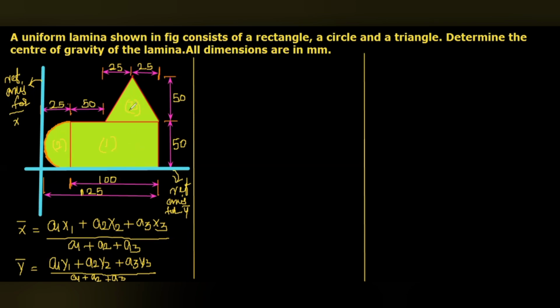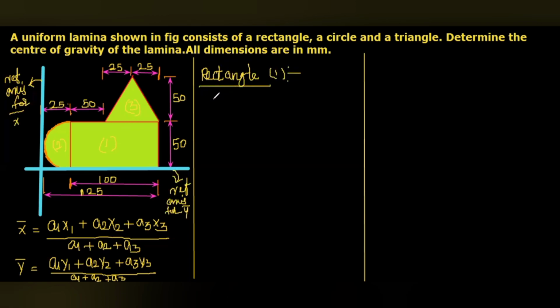Okay. So first, we are going to analyze these data. That means A1, x1, y1 for the rectangular portion. So first one for the rectangle, I'm going to take that as 1.